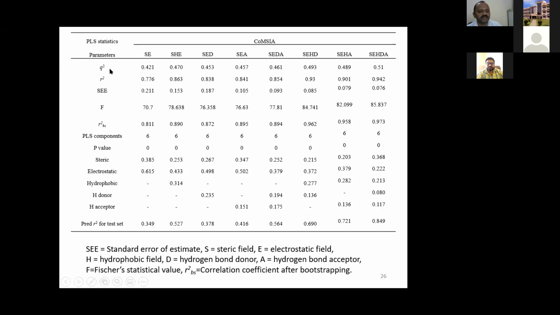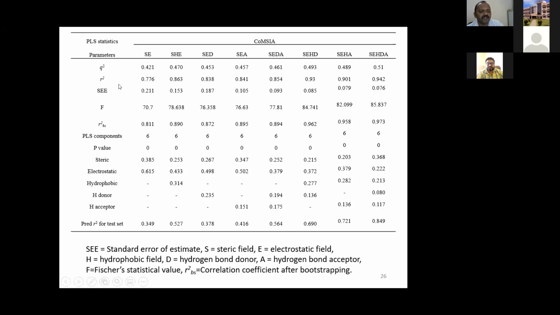One, for example, is the Q-square value, which is nothing but the cross-validated correlation coefficient, and then the R square value is the correlation coefficient itself. Normally the R square value will be much bigger than the cross-validated Q square value.